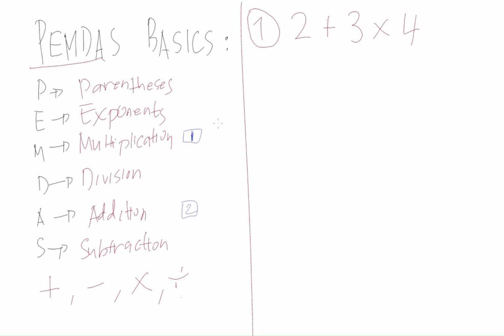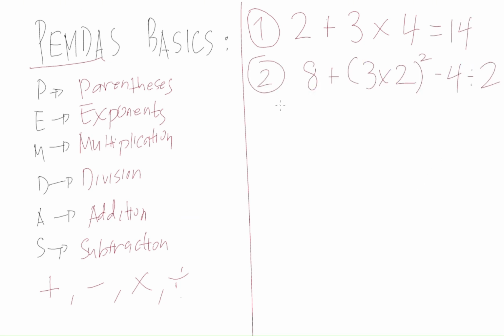So you have to rank them: this is first, second, third, fourth, fifth, sixth. Whichever operation is in the first part, you're going to start with that first. Since multiplication is our third and our addition is our fifth, we'll start with multiplication first. So 3 times 4, that's 12. Bring down this 2, so 2 plus 12. Our answer is 14.